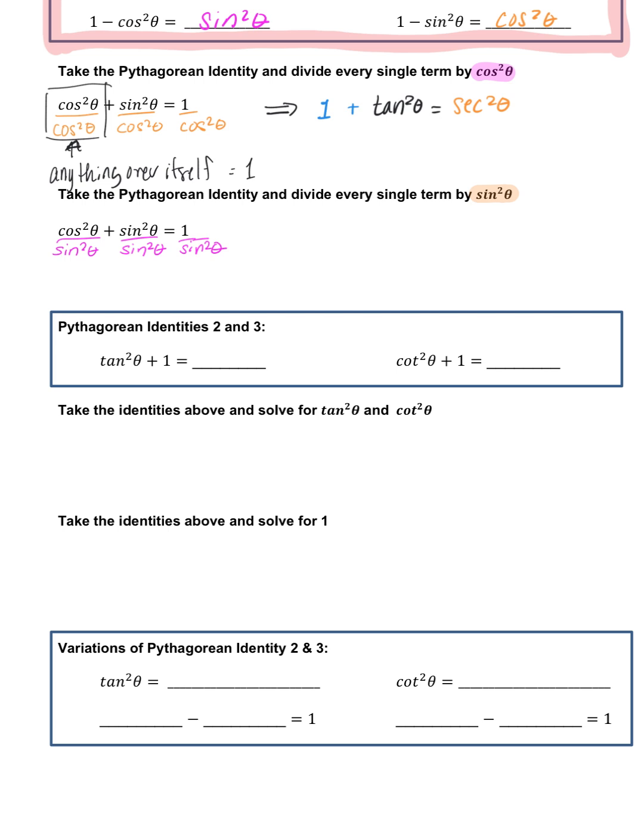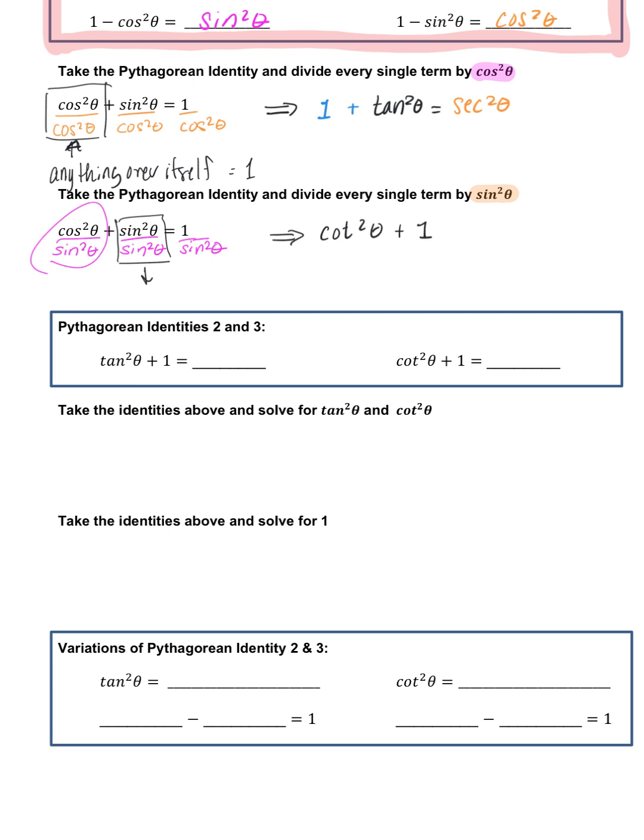So if we look at this first term, that is cotangent, right? Cosine squared theta over sine squared theta is cotangent squared theta. Plus, again, this is a lot like above. Anything over itself equals 1. So this is 1.